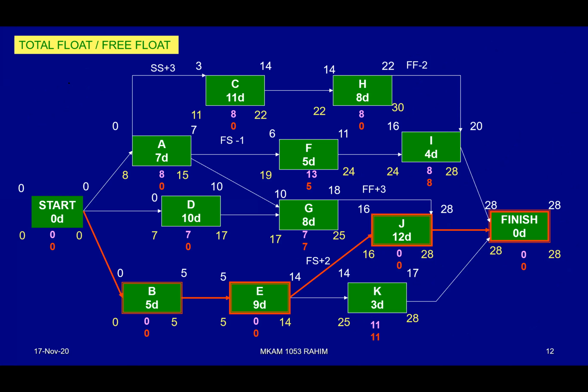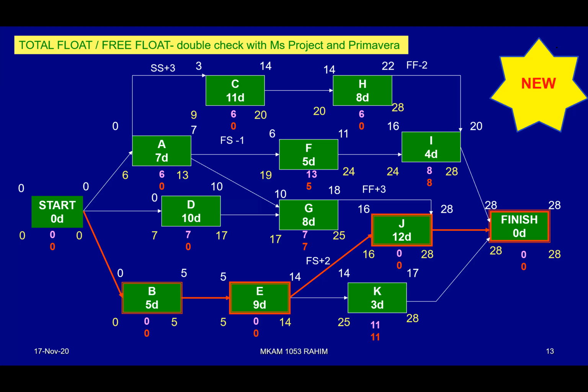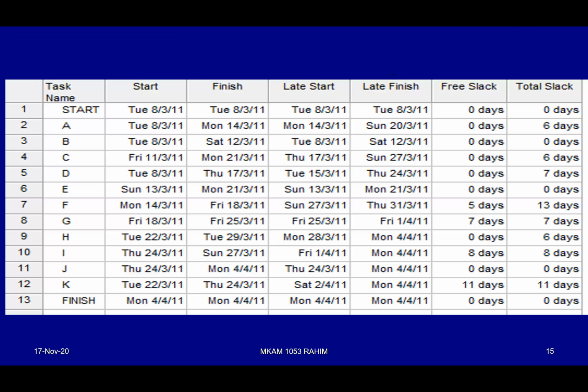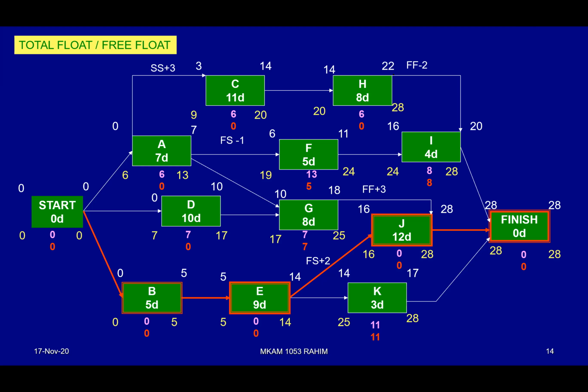So now here, if you look at this slide, I put down new here. This is the right slide, which now we do have 28 days. We already checked with Microsoft Project and even Primavera. It basically gives the same answer. So this is the right answer.